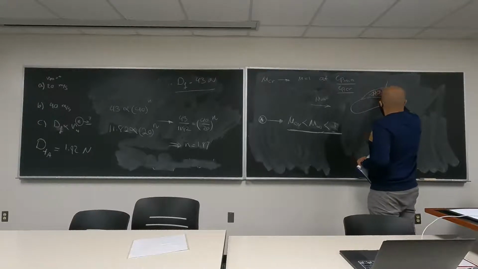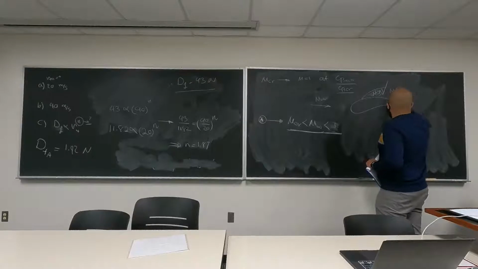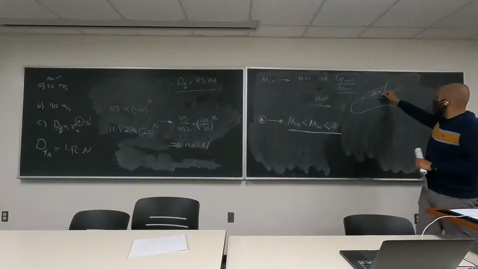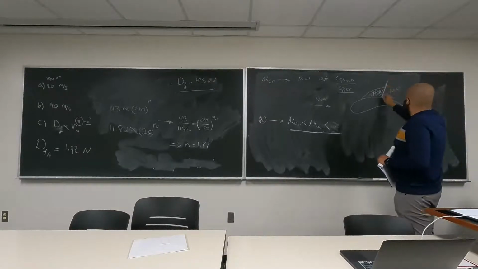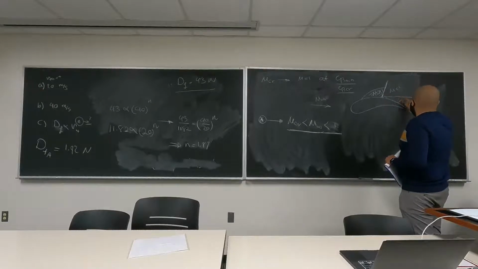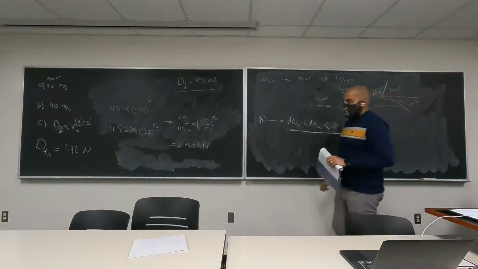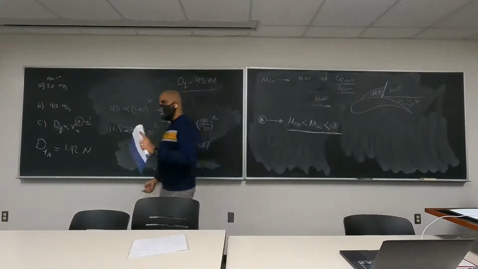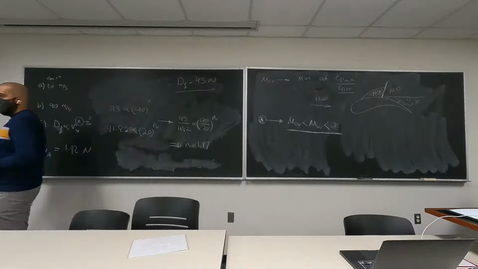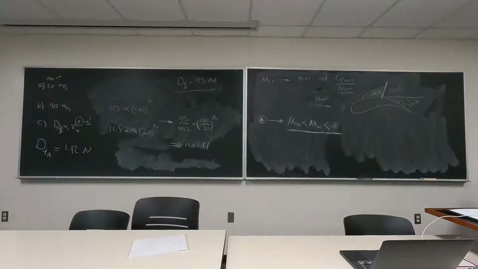M larger than 1, M smaller than 1 after the shock. And you will probably see flow separation here as well. Okay, so there is a point after which you're going to get a shock wave.